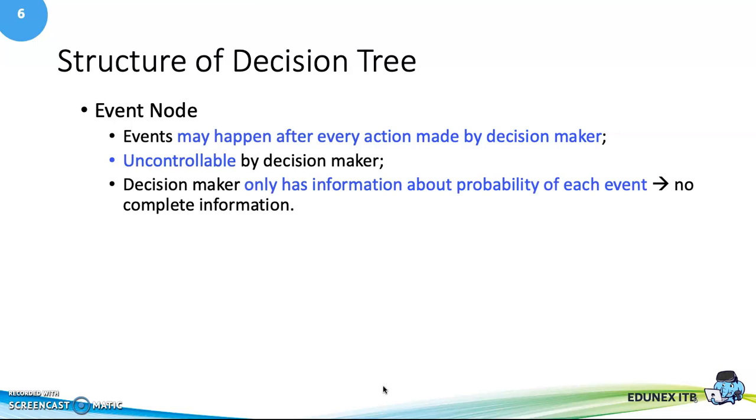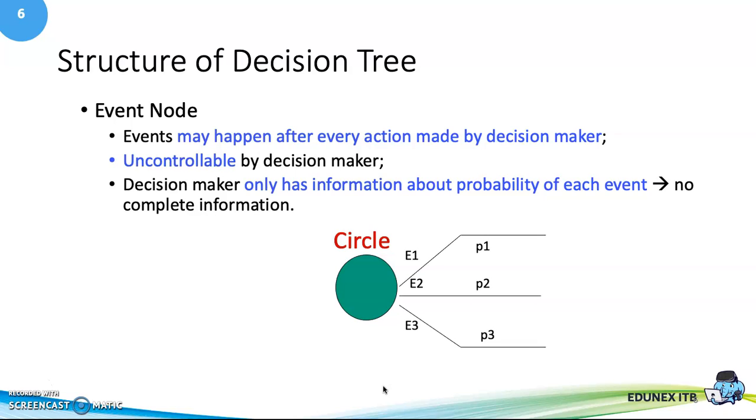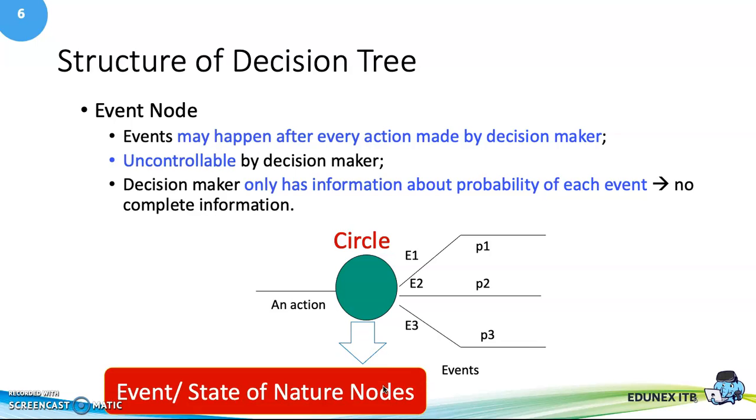The decision maker only has information about the probability of each event. There is no complete information, such as today rain is 50% and not rain is 50%. The event nodes are symbolized by the circle, and they have the probabilities. So this is what we call the event nodes or state of nature nodes.